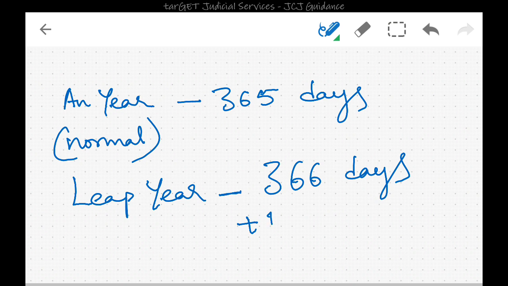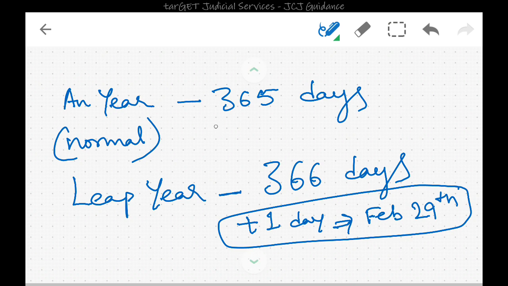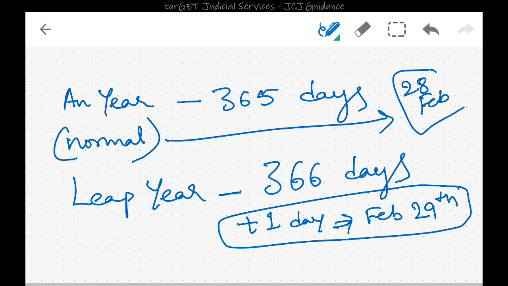The additional day will be on February 29th. So all the rest of the normal years, which contain 365 days, will have only 28 days in February, but the leap year will have the additional day accommodated in February, which gives 29 days in February.